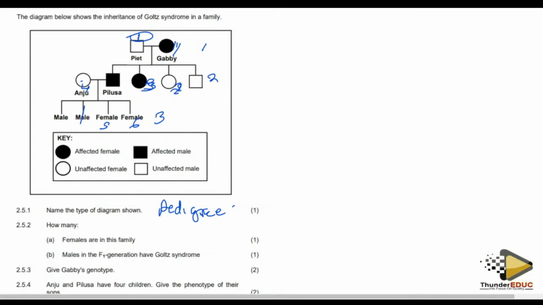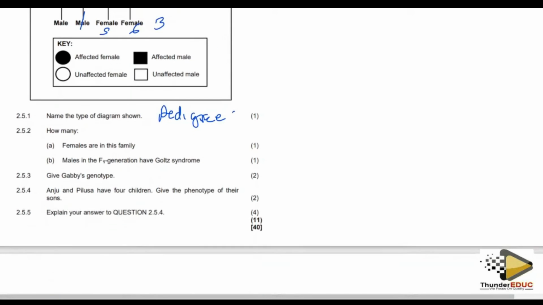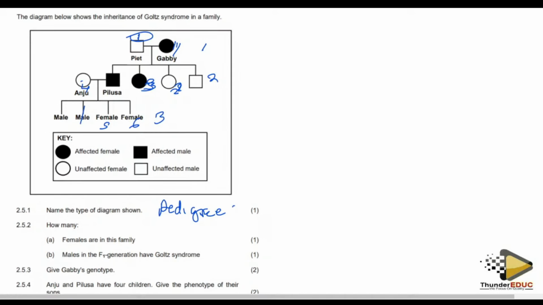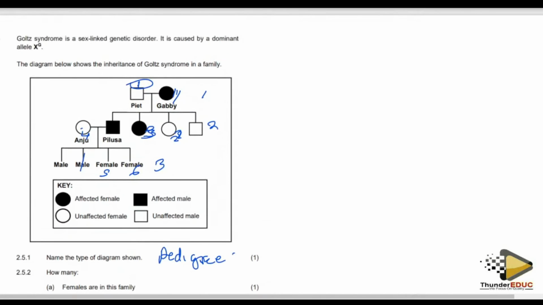Then the next question is asking us to give Gabby's genotype. Who is Gabby? Where is Gabby now? Oh, Gabby. Is it caused by a dominant allele?